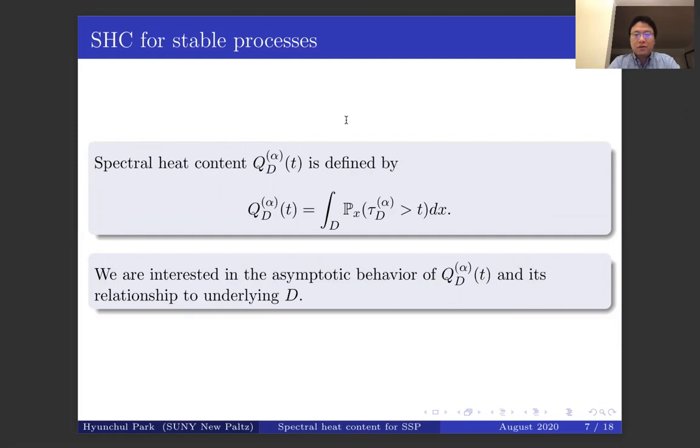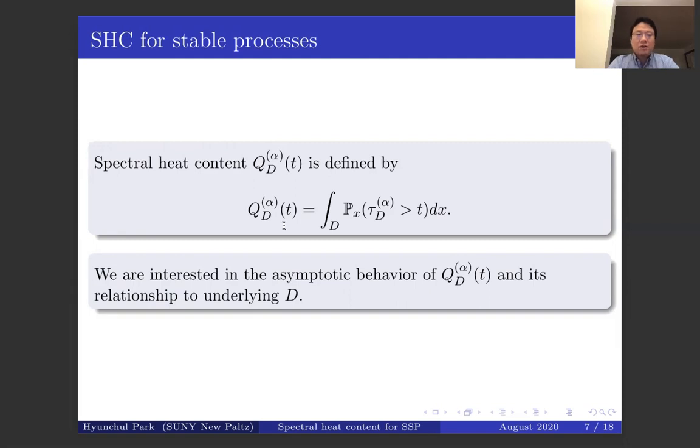So the definition is exactly the same as the spectral heat content for Brownian motion, except that the Laplace operator, which is the infinitesimal generator of Brownian motion, is replaced by the infinitesimal generator of stable processes, which is a fractional Laplacian.